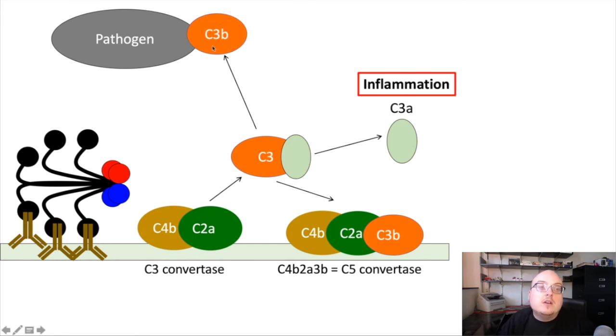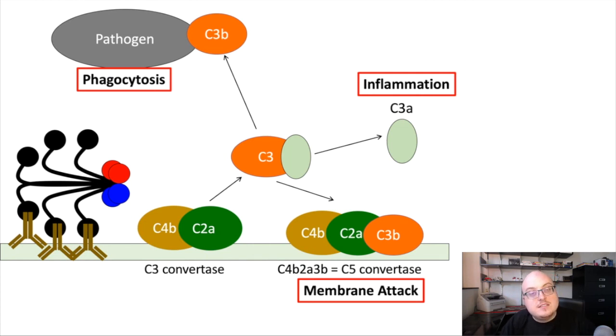When C3b coats the surfaces of pathogens, it serves as an opsonin, which promotes the process of phagocytosis. Or if C3b sticks around and forms the C5 convertase, the C5 convertase is actually the enzyme which initiates the formation of the membrane attack complex, and we'll talk about that in more detail later. So the formation of a C3 convertase is the pivotal enzymatic step in the complement cascade because the cleavage products of C3 are what really go on to promote all of the different pathogen control mechanisms of complement.